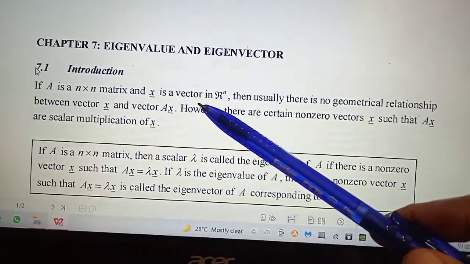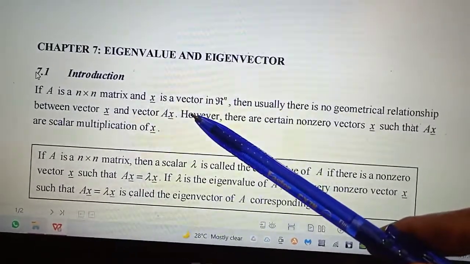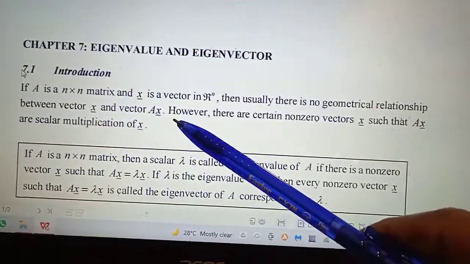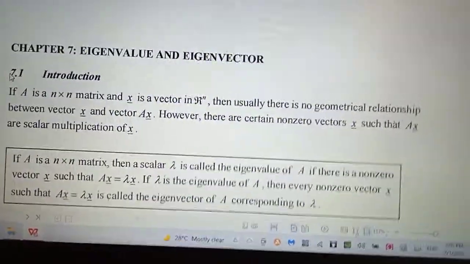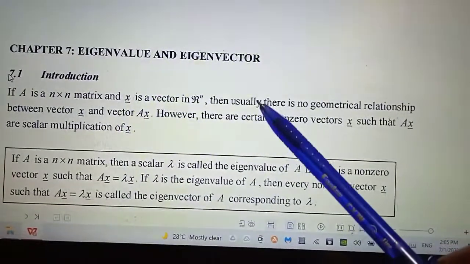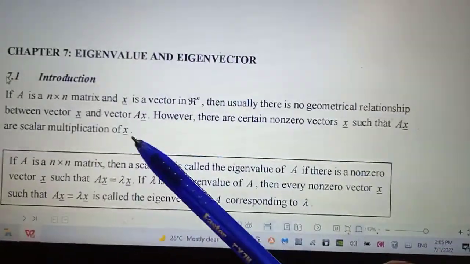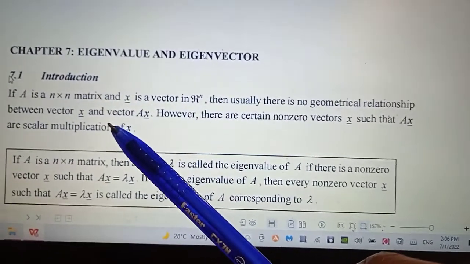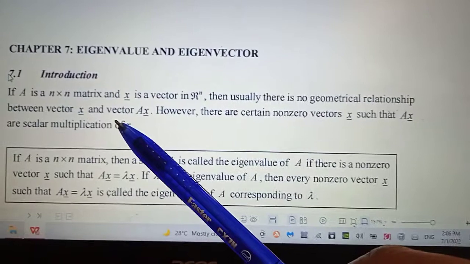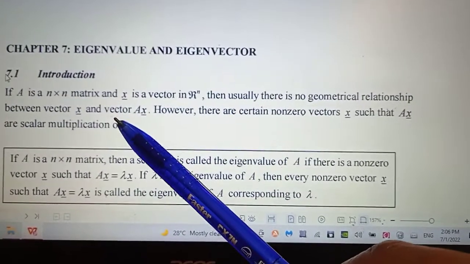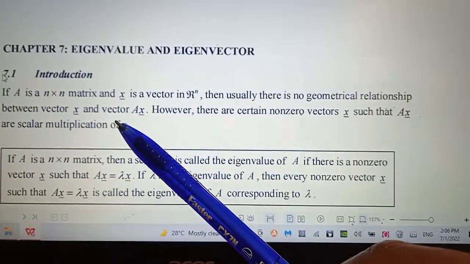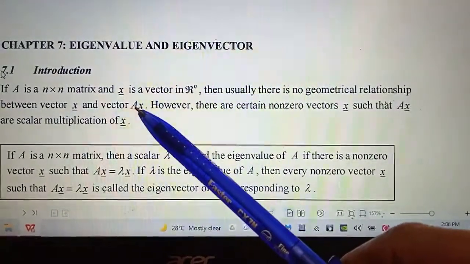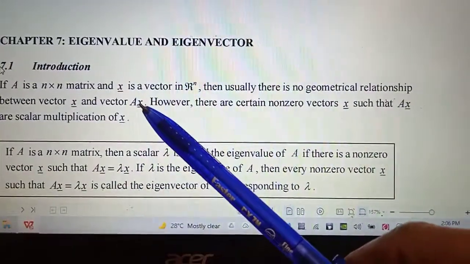Okay, so for introduction, we have A, a matrix, which is a square matrix n times n, and x is a vector in space n. Usually there is no geometrical relationship between vector x and matrix A. So we don't know the geometrical relationship, the shape or figures of this combination or product of matrix and vectors.